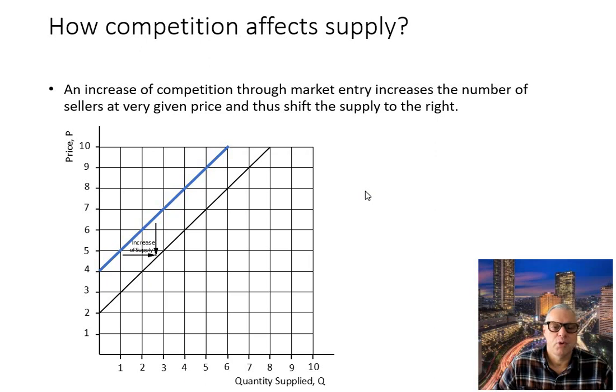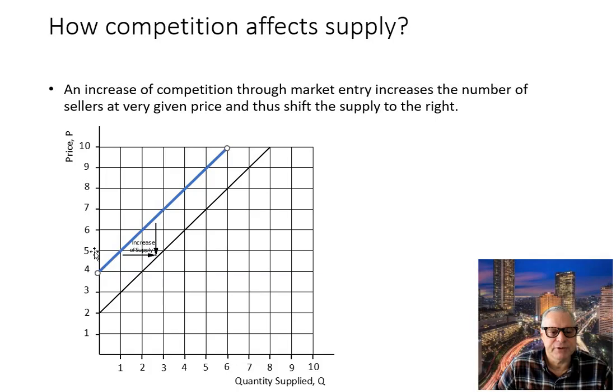And now we have more competition. Maybe we sign a trade agreement with another country that allows their producers to compete domestically. Well, then this obviously shifts the supply curve to the right or down, no matter how you want to see it.